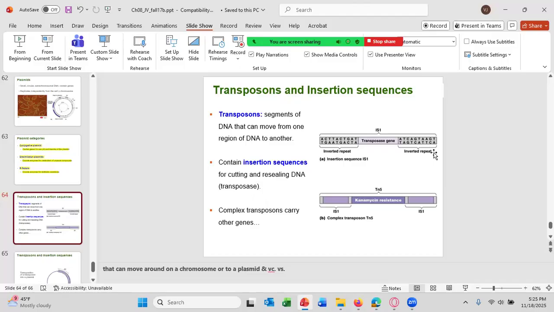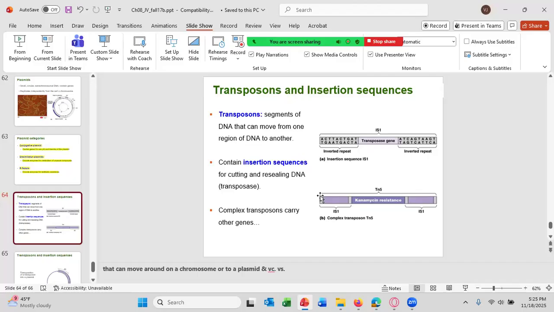However, you can have a complex transposon which can carry around another piece of DNA, like Tn5 carries around the kanamycin resistance gene. It has a transposon on both ends, one here and one there, and that's normally seen in a complex transposon carrying a piece of DNA, that it actually has a transposase here and a transposase there. And the enzyme actually cuts it here and here.